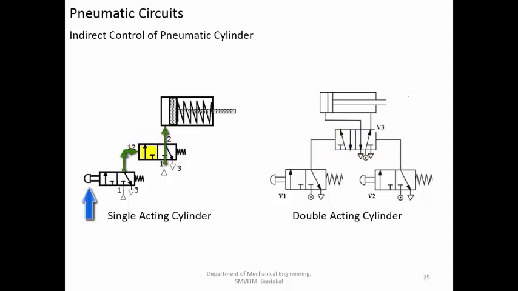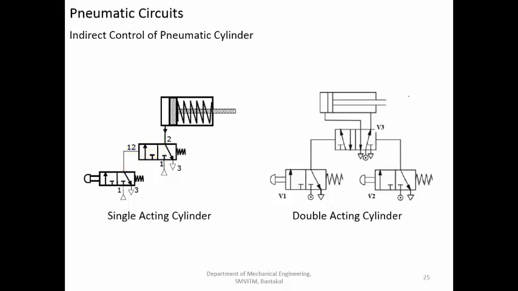So we are not directly supplying the power from the buttons we are operating to the actuator, but we are creating a signal, and using this signal we are actuating one more valve, and that valve is going to supply power to the actuators.